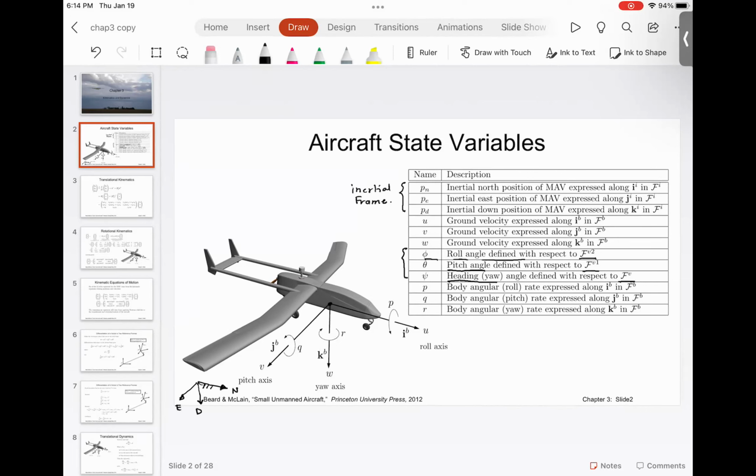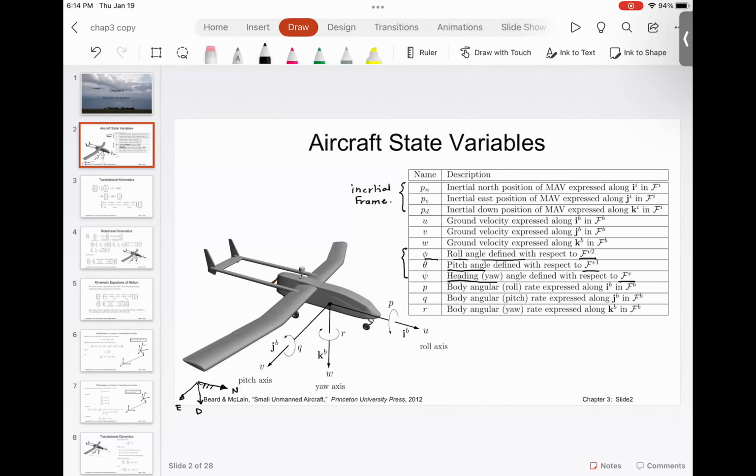So now we are in the body frame, and this is very important. The aircraft has some velocity. It has velocity U, velocity V, and velocity W. These aircraft velocities are expressed in the body frame. U is the velocity expressed in the body frame along its i, or the north, axis.